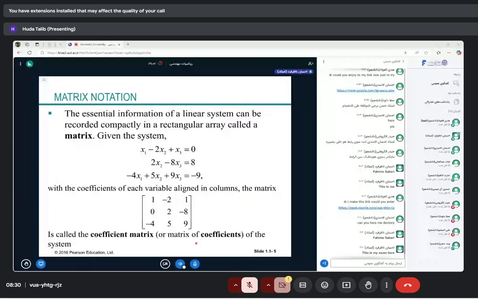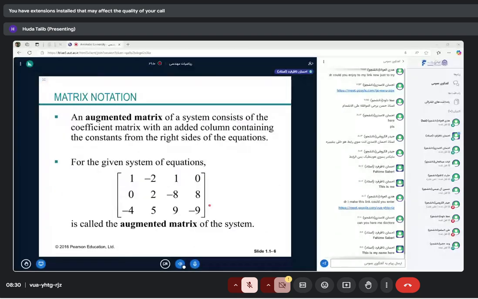But something more important is to add one column at the right, which has the numbers on the right side of the equation. Just pay closer attention here: we have 0, 8, and minus 9. These are the values of the right side of the equation.